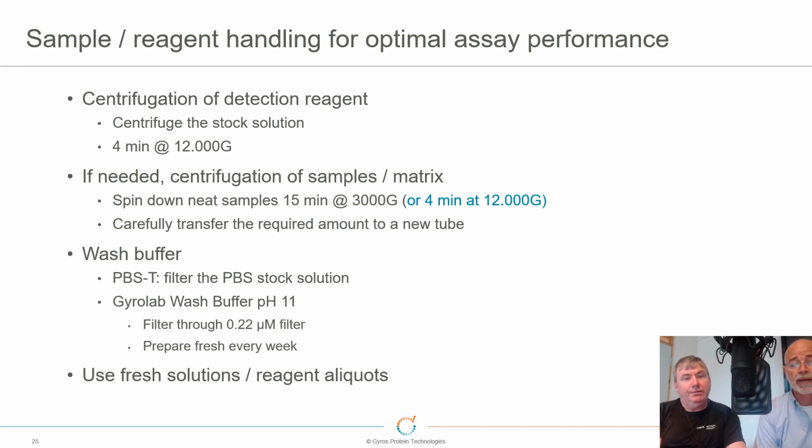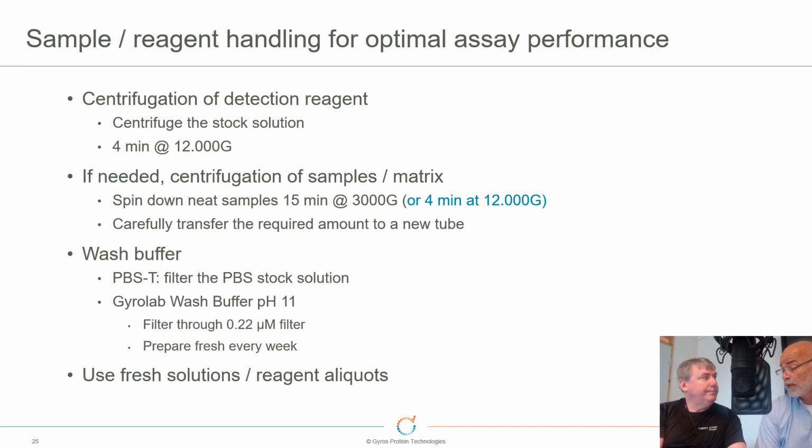Exactly, and then a couple other places where you can really improve the assay performance is around what we are using for our stock solutions. Those need to be filtered. We've run into issues especially with customers who use the instrument in a very high throughput manner. If they're not careful about filtering their stock solutions, they can run into precipitate problems that will impair instrument performance.